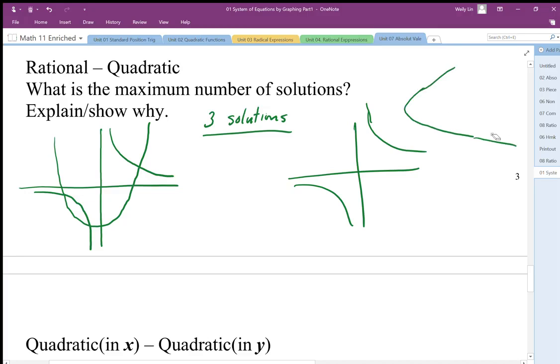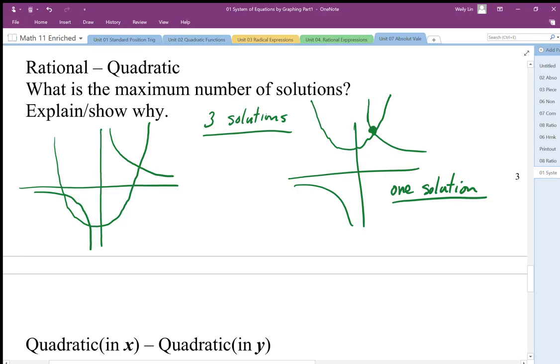But eventually, with the quadratic, this would have to at some point cross over one of the rational lines, because this slope is going to go more vertical, and this is going vertical much quicker. So at some point we're going to have one solution. So that's the minimum number of solutions and the maximum number of solutions.